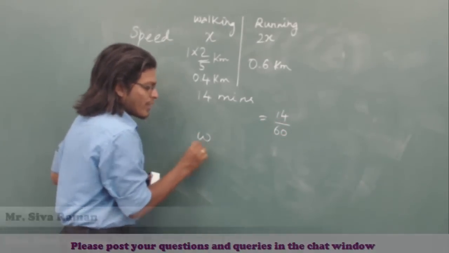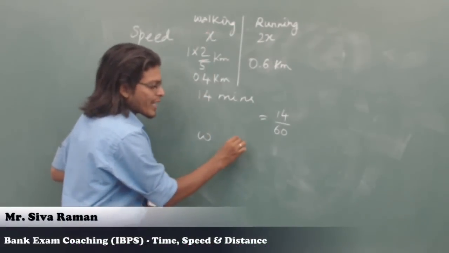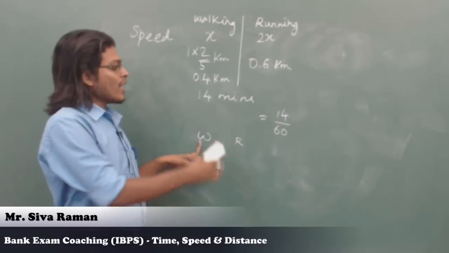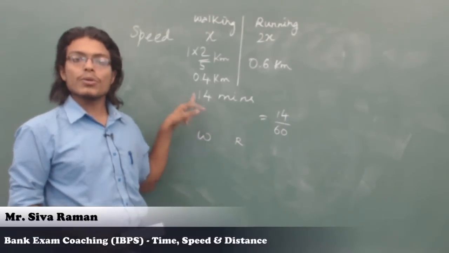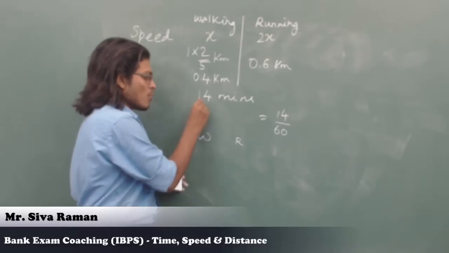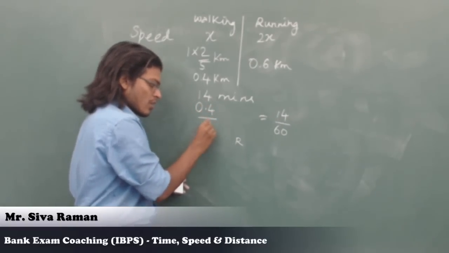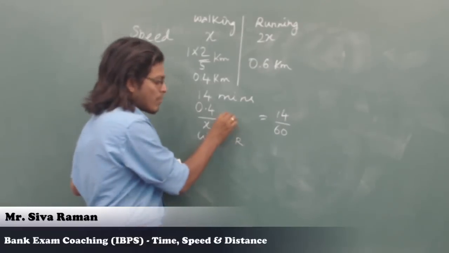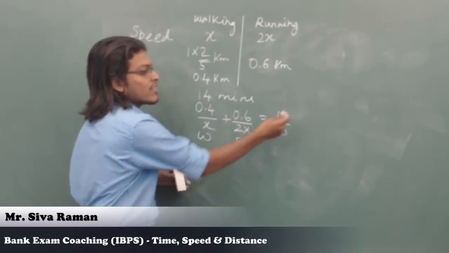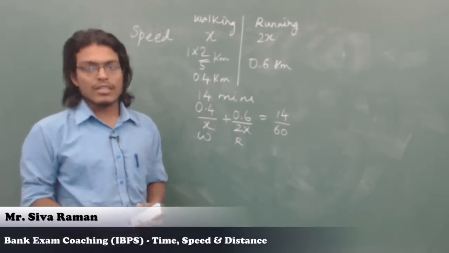So we take W as walking and R as running. What is the time taken for walking? Time is equal to distance divided by speed. What is the walking distance? 0.4 divided by x plus 0.6 divided by 2x is equal to 14 divided by 60.